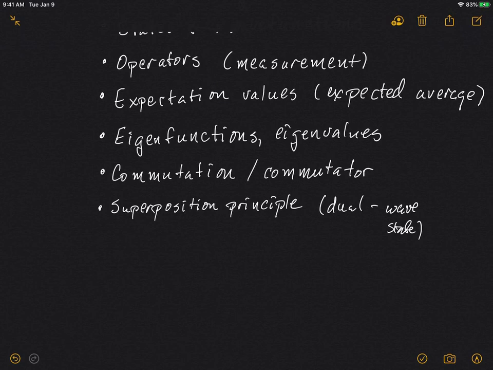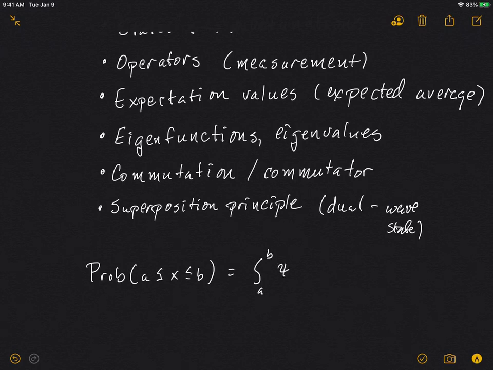So we stated previously that the probability of finding a particle in some region between A and B in 1D is the integral from A to B of psi star of x, psi of x, dx.